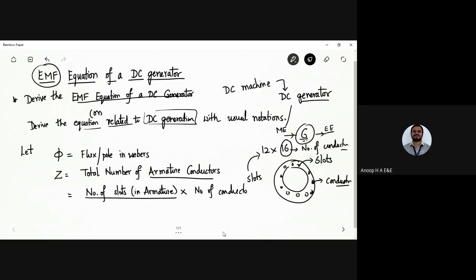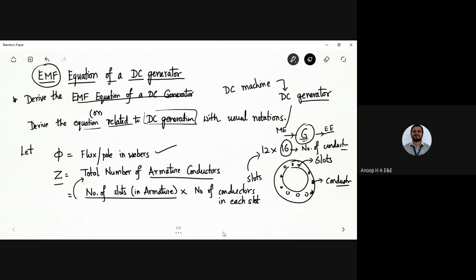So I have phi, which is flux per pole in Webers, and Z, the total number of armature conductors, which is the number of slots in the armature into the number of conductors in each slot.